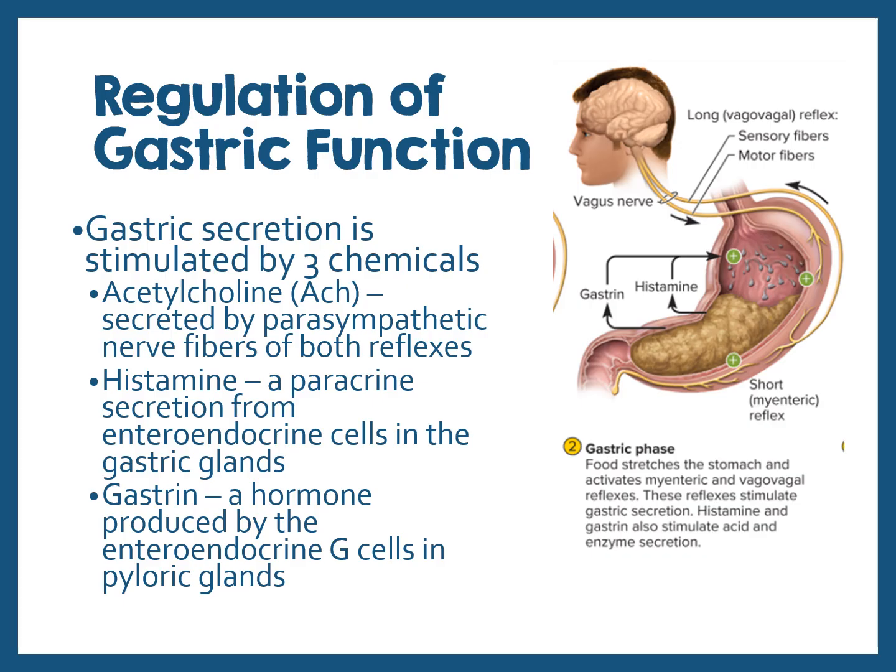That will stimulate gastric secretion. And then also a hormone called gastrin. Within the pyloric section of the stomach, those enteroendocrine G cells will release gastrin that can stimulate gastric secretion.